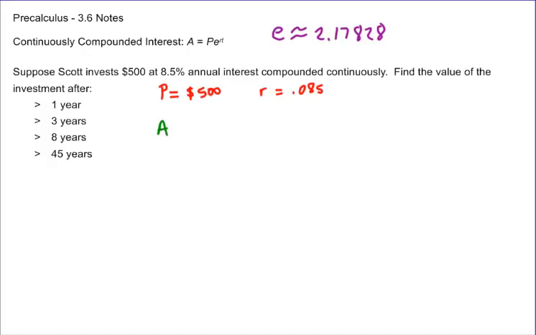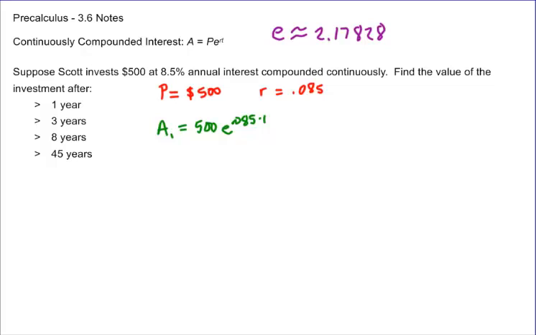My amount after 1 year, I'll show it a different way again, is going to be equal to 500 times e to the 0.085 power times 1.